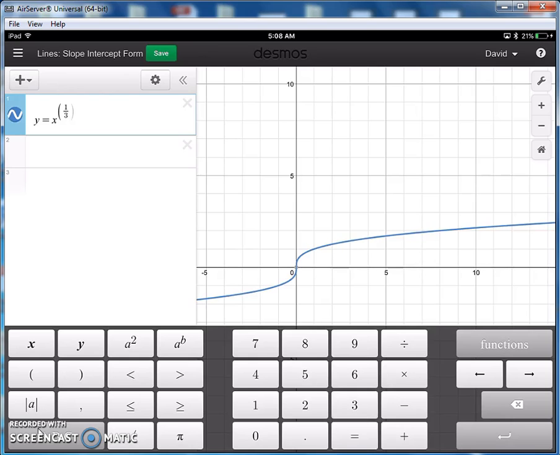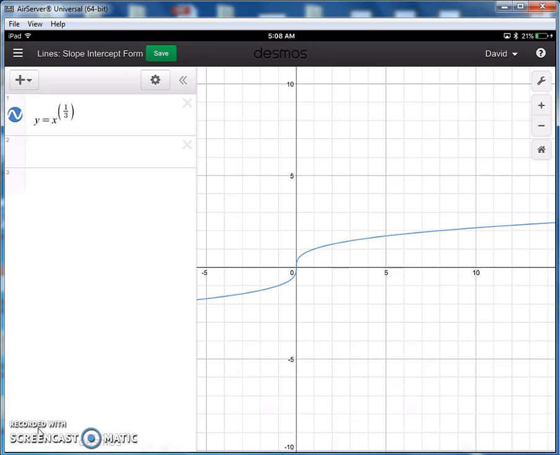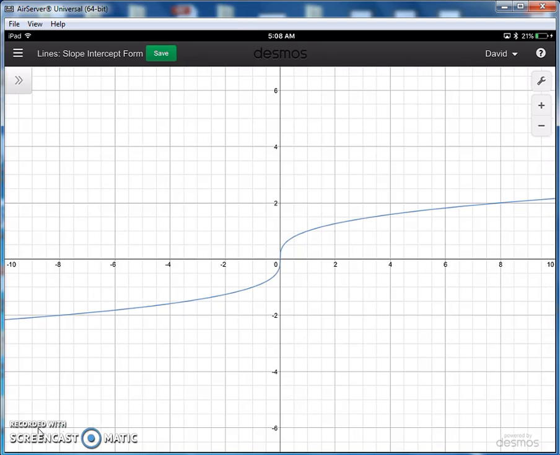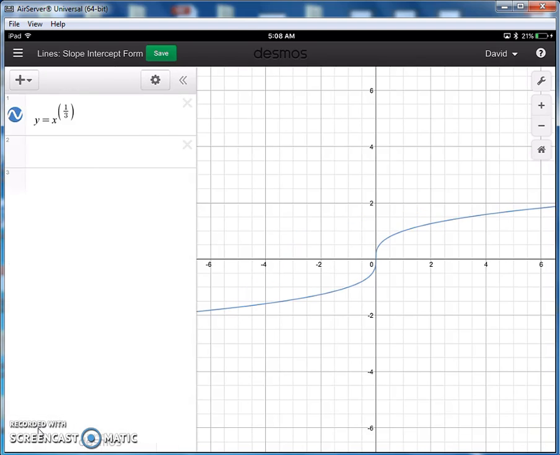And there's your parent function. The home button will center it for you. If you press that little home in the upper left, you get my equation back.